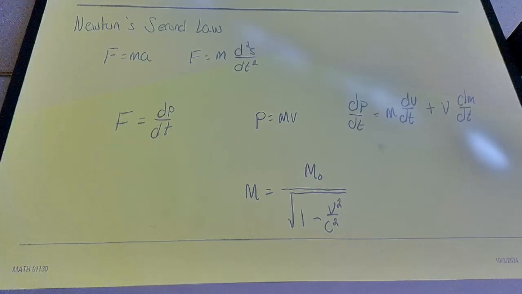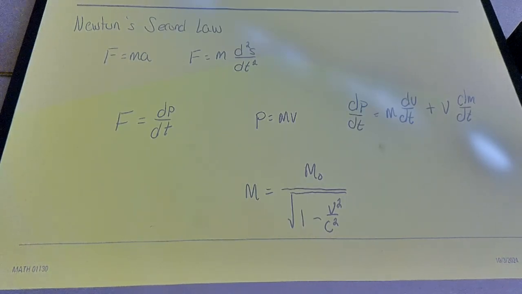Now, for very slow speeds, v squared over c squared is negligible. So the denominator is essentially just the square root of 1, which would then make mass your rest mass, hence it's constant, thus you get F equals ma. However, if you are moving close to the speed of light, mass is no longer constant.